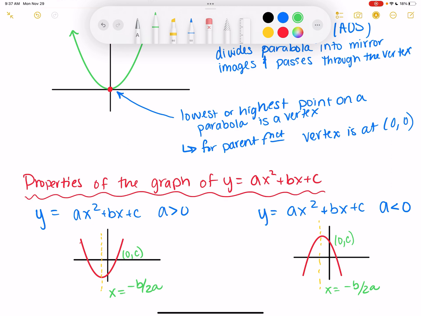Whatever your b value is, make it negative, or if b is negative, negative times negative becomes positive, so pay attention to signs. Divided by 2 times whatever your a value is, and that's going to give you your x-coordinate. Your axis of symmetry is always written as a line, x equals whatever. And then we would use your x-coordinate to find your y-coordinate, but we'll talk about how to find that in a little bit.